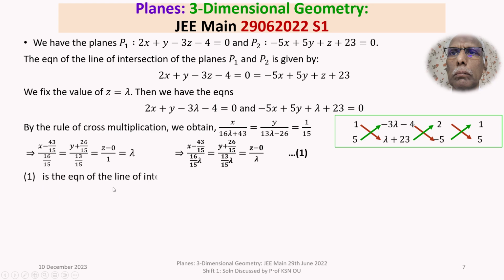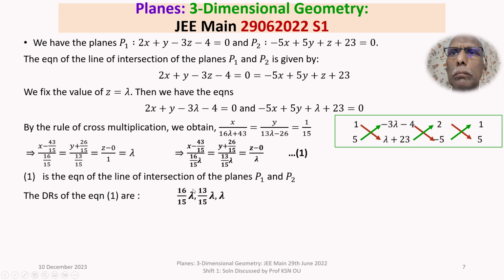So equation 1 is the equation of the line of intersection of the planes P1 and P2 in symmetric form, and its direction ratios are given by 16 by 15 lambda, 13 by 15 lambda, lambda.